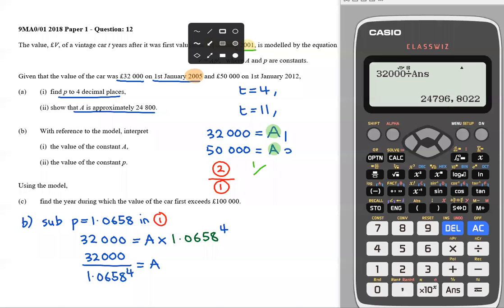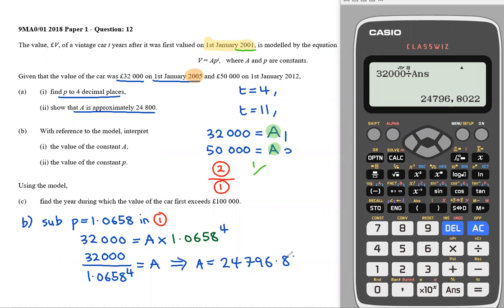Sorry, it's not in pounds in the sense of a unit; because we're talking about the value, we're talking about currency, £24,796.80, which is approximately 24,800 as required.